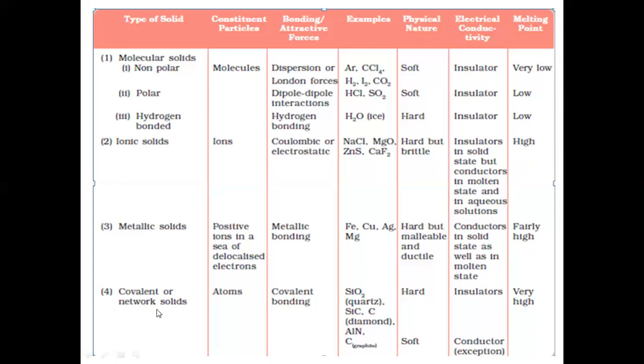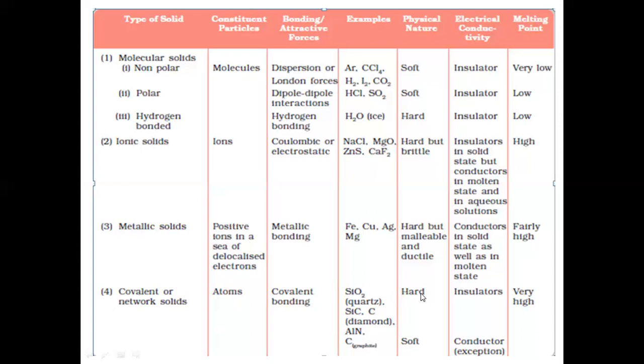The last category of the crystalline solids is summarized as covalent solids or network solids. The constituent particles are atoms. Attractive forces are covalent bonding. Examples are SiO2, that is quartz, SiC, carborundum, carbon in the form of diamond, AlN, aluminum nitride, and then carbon as graphite.